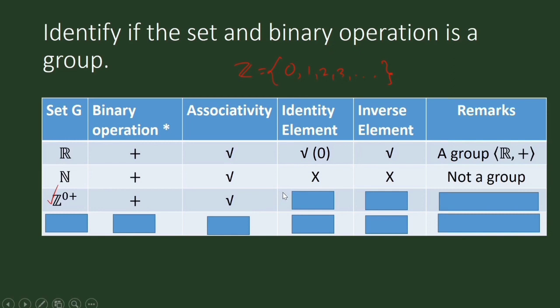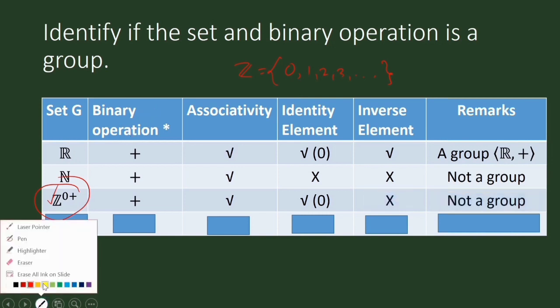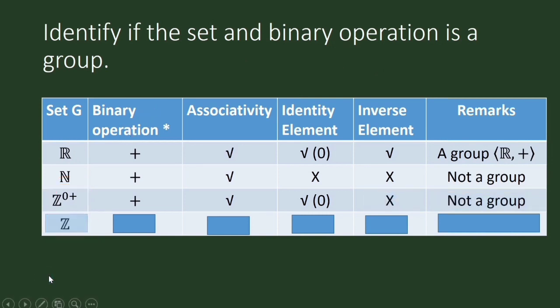Well, now it has because we included 0. But how about the inverse element? Given a positive integer, can you find the inverse of that positive integer? Under the binary operation of addition, you need negative integers for that, and this set does not contain negative integers, so this is not a group.